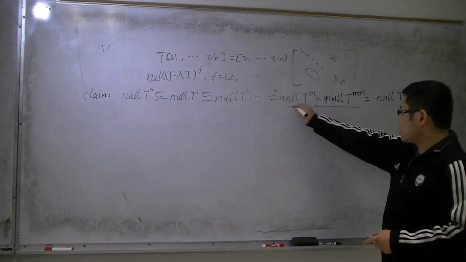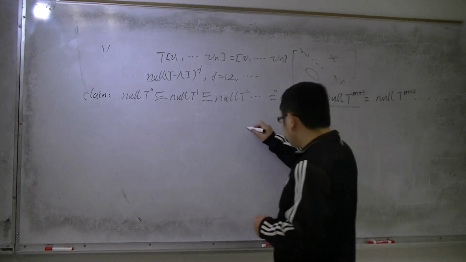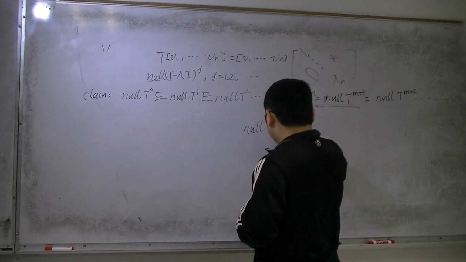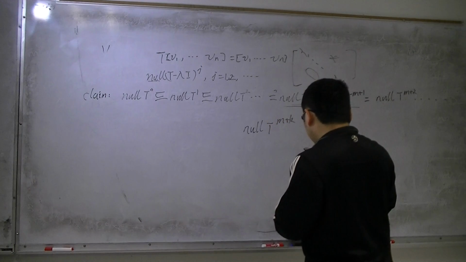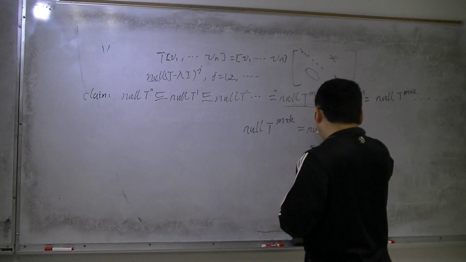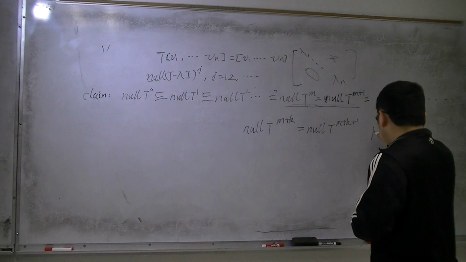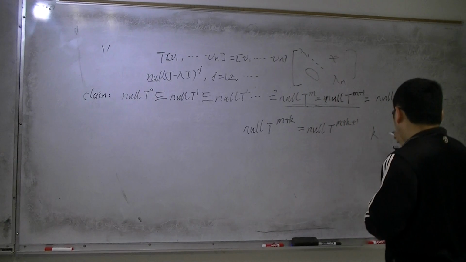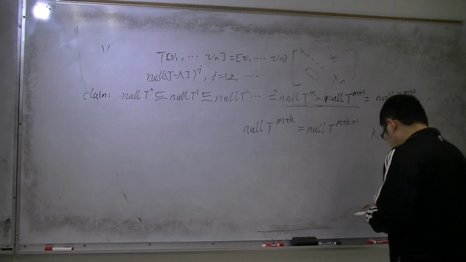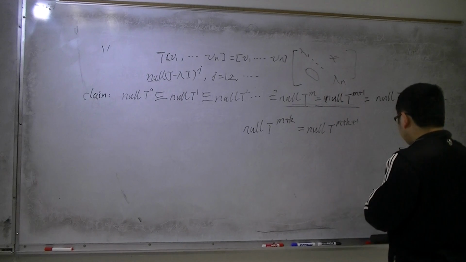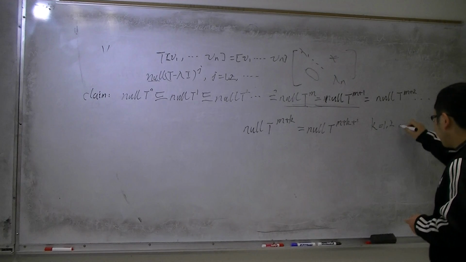First, we have these statements for T^m, that they are equal. If we can prove this one, then it's done, I think. K is a natural number.